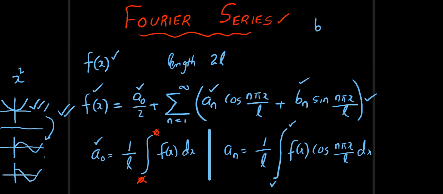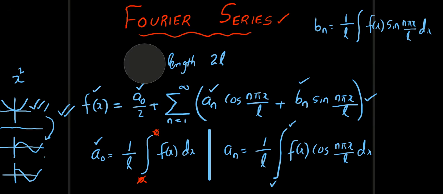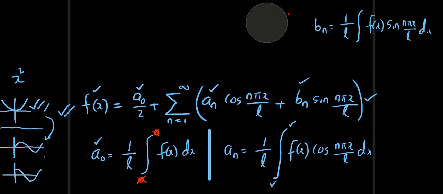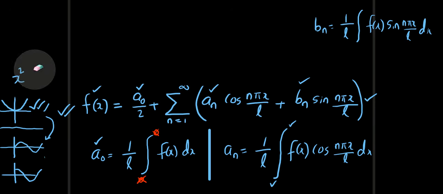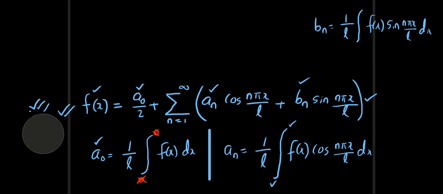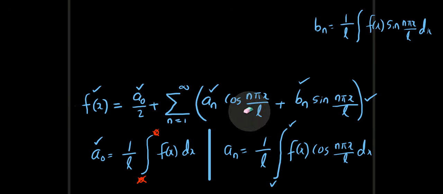And bn is given by 1 by L integral f of x into sine n pi x by L dx. So I want you to note these things. So we have a function defined in the interval of length 2L, and our objective is to convert this function and put it in terms of sine and cos.